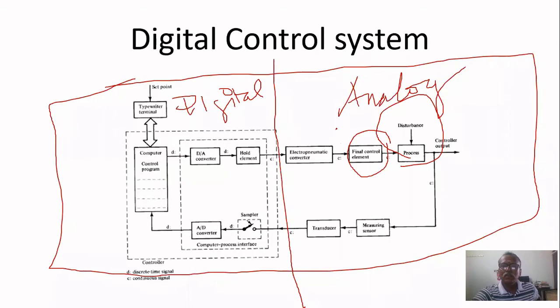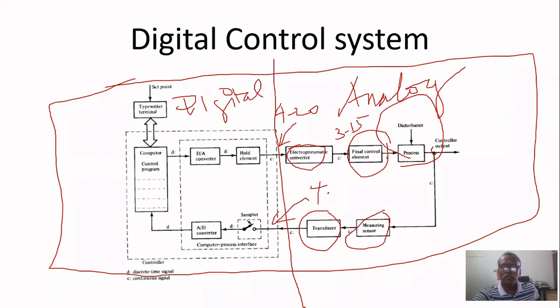It will work at 3 to 15 psi. The final control element is a valve. The electro-pneumatic converter converts the signal, here we are getting 4 to 20 milliamps, into 3 to 15 psi. Similarly, the process variable is sensed by this sensor, which converts it into an analog signal, say 4 to 20 milliamps.